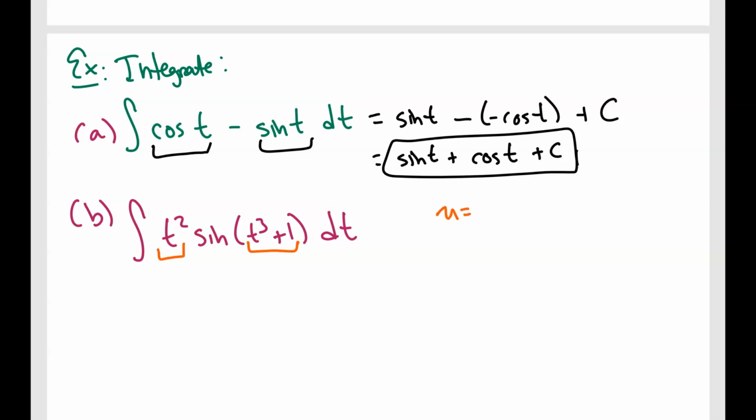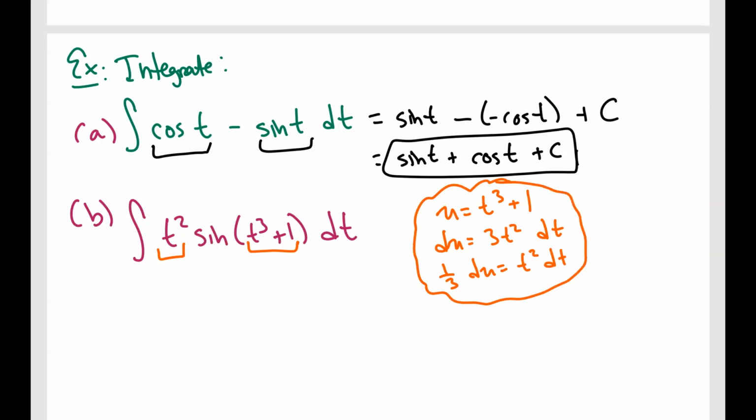So let u be the inside function, which is t cubed plus 1. The derivative of this is 3t squared dt. If I divide by 3, I'm going to have 1/3 du equals t squared dt. So this is my u substitution.